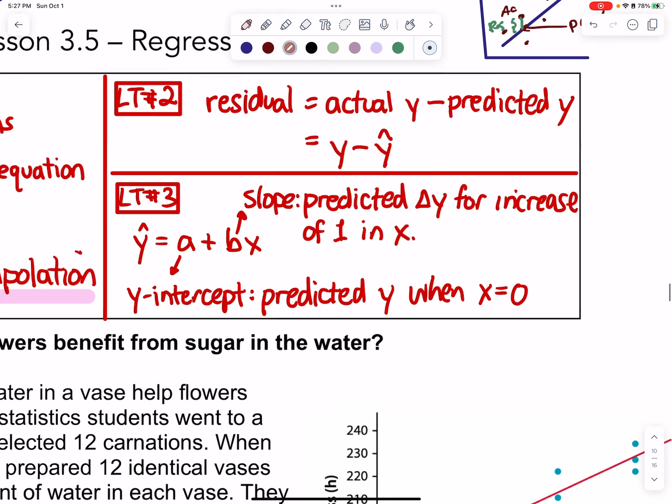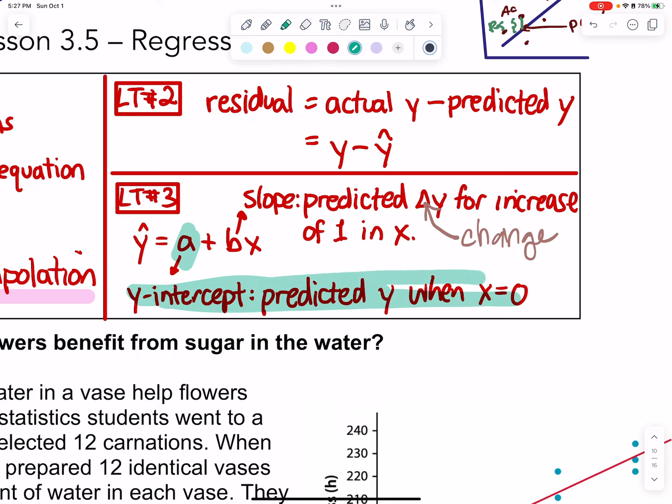My slope is my predicted change in y. That delta means change in y for the increase. And remember, the plain constant, the plain number, is my y-intercept, and that's predicted when x equals 0. And the slope is the predicted change in y for each x.